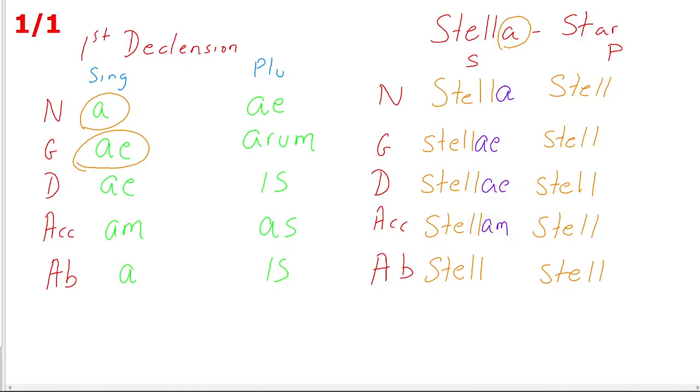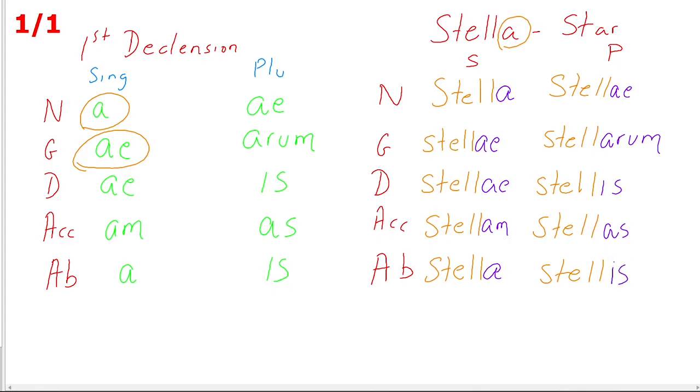Ablative? Stella. Similarly, in the plural, you will have nominative stellae, then stellarum, stellis, dative plural, accusative plural would be stellas, and ablative plural would be stellis.